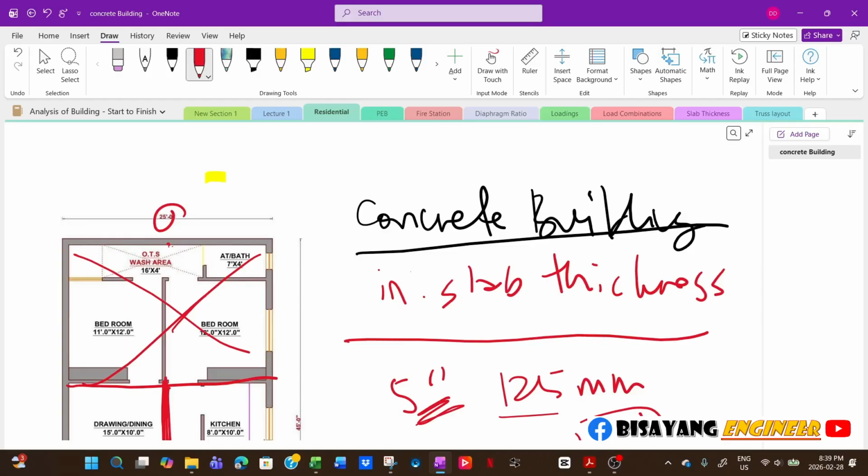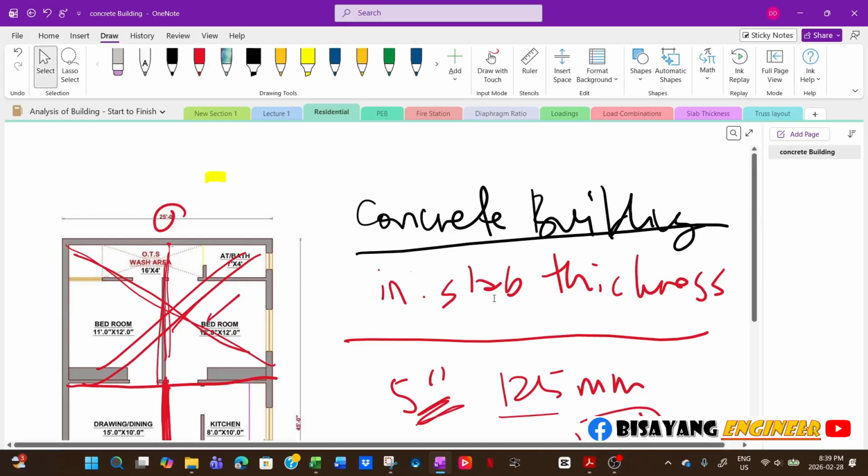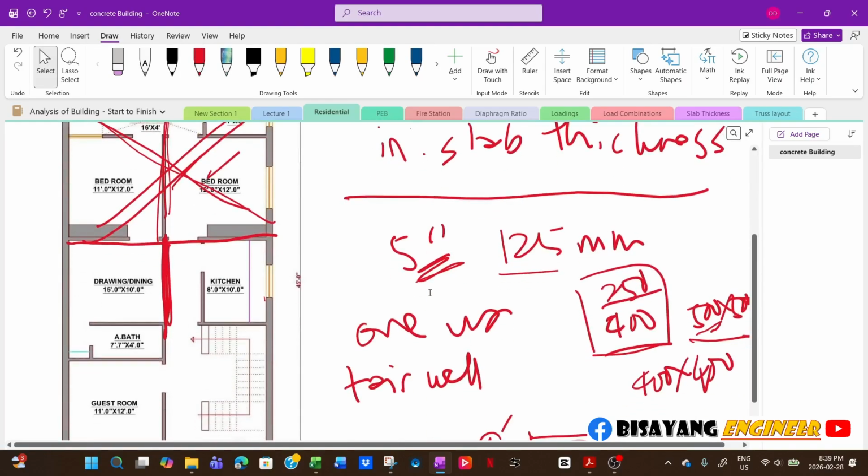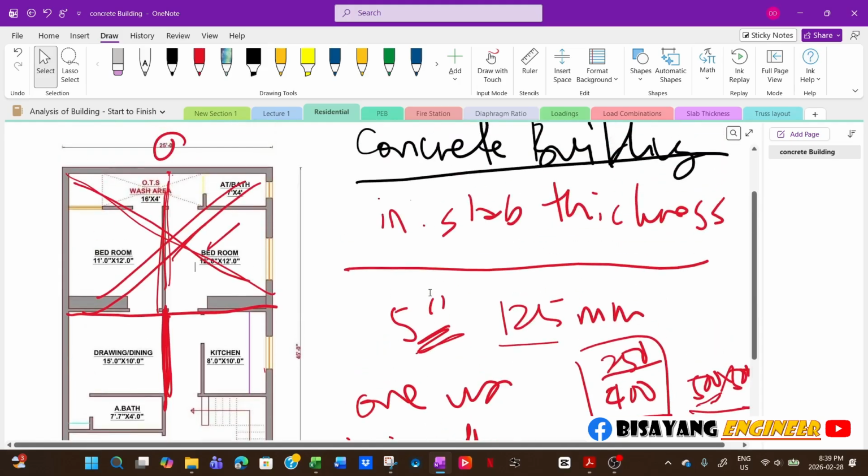So if you talk to the architect, okay, we can clear this span, we won't have any intermediate beam, but this will be the slab thickness. Well, if the client or the architect approves that thickness, then yes, we can avoid having intermediate beams.